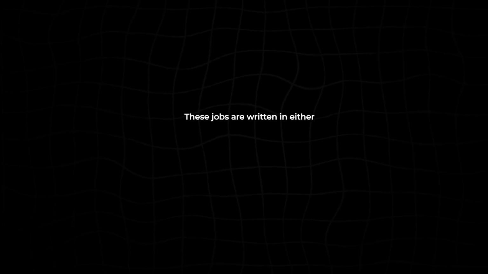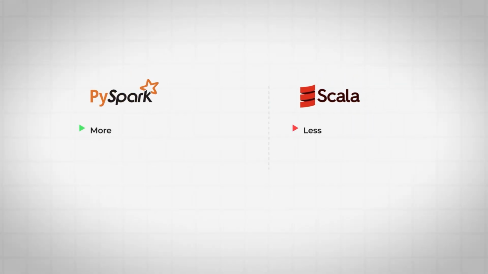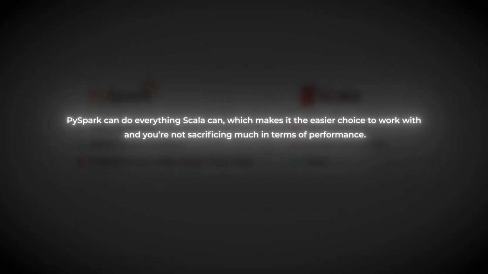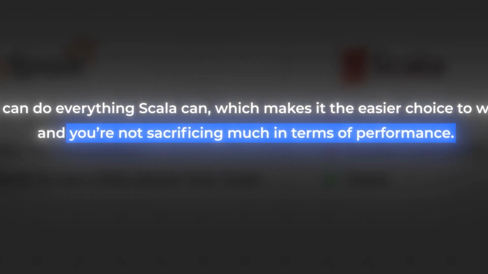These jobs are written in either PySpark or Scala. PySpark is more accessible in general and it has better documentation, but it tends to run a little slower than Scala. But overall, PySpark can do everything Scala can, which makes it the easier choice to work with. And you're not sacrificing much in terms of performance.